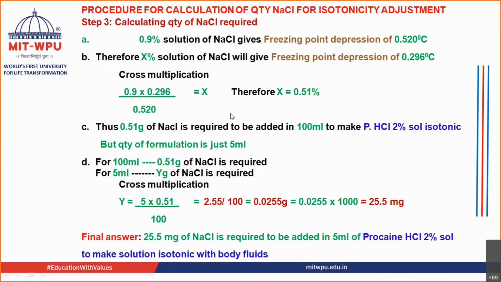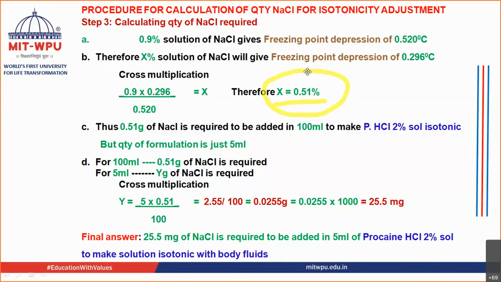If you do this calculation, you get the value of x as 0.51%. So 0.51% of NaCl is required to be added in your formulation so that you make the preparation isotonic with your body fluid, so that you make the freezing point depression of your formulation similar to your body fluid.